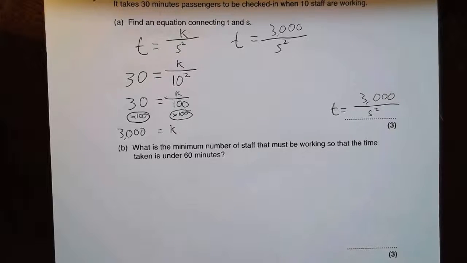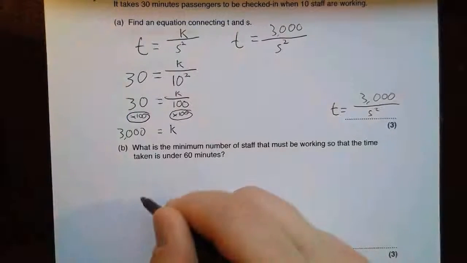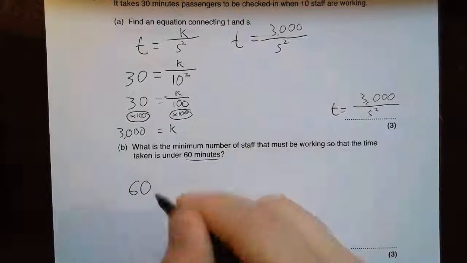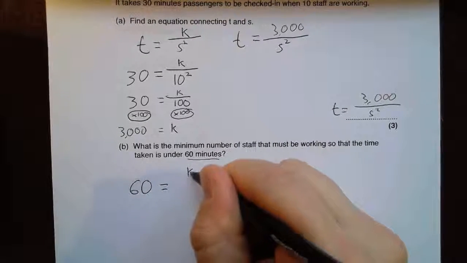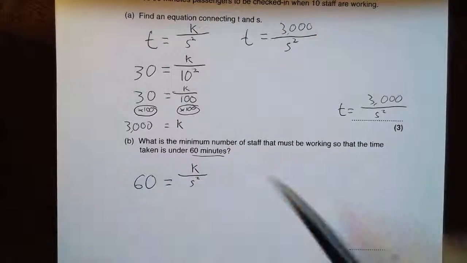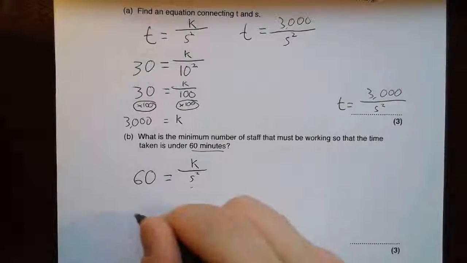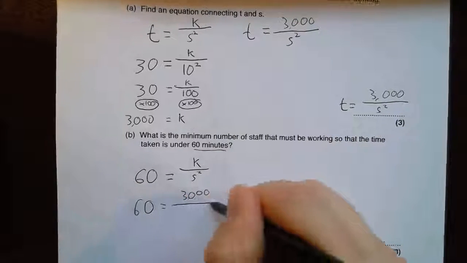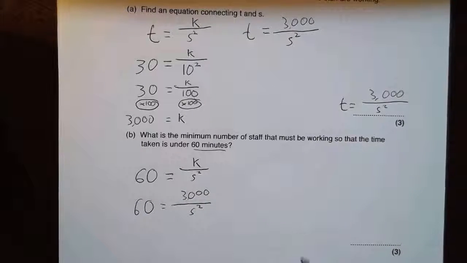So let's take right up to 60 minutes and see how many staff are required in order to check in the right number of people. So I'm just going to put my time equal to 60 minutes and copy out the rest of this. K over S squared. Hang about, we know what K is. So 60 equals 3000 over S squared.